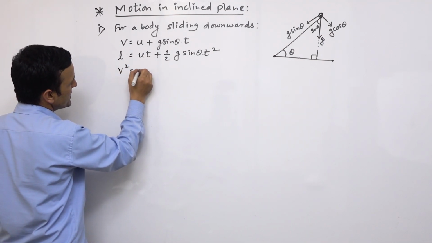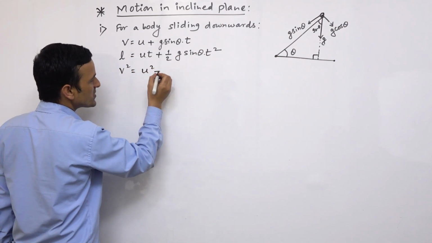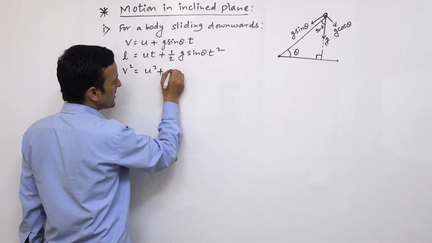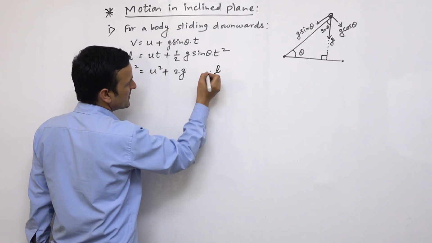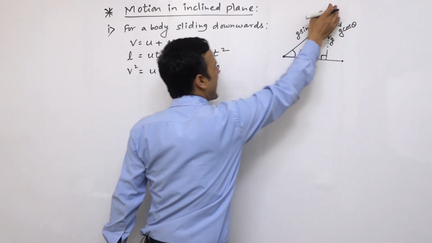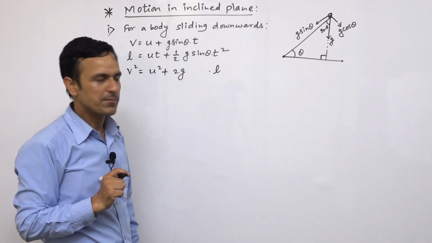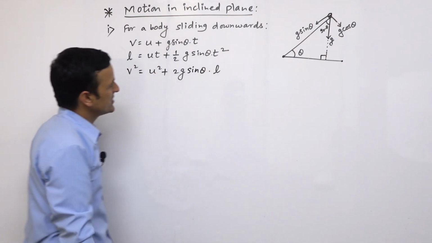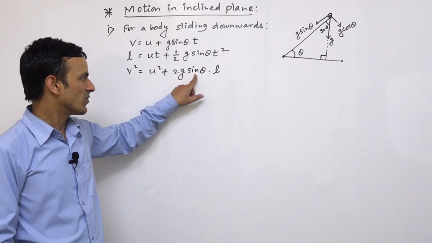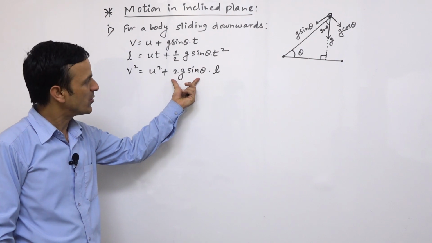And another equation is v square is equal to u square plus 2gh, where h was there, here it is L. This is L, the length of the inclined plane, and g means it is g sin θ. So in every case we can write the value of a as g sin θ over here.